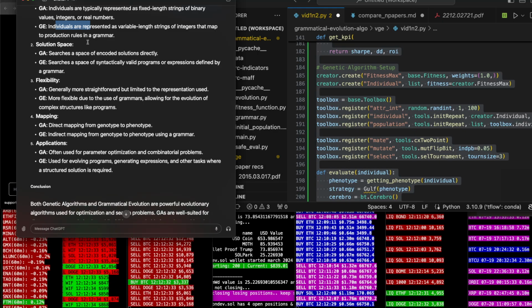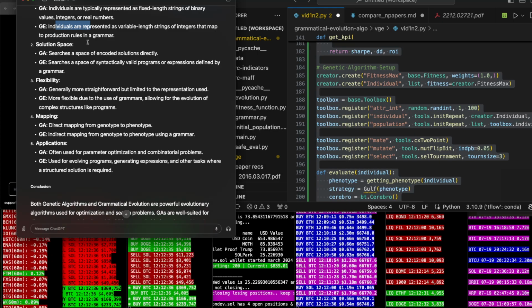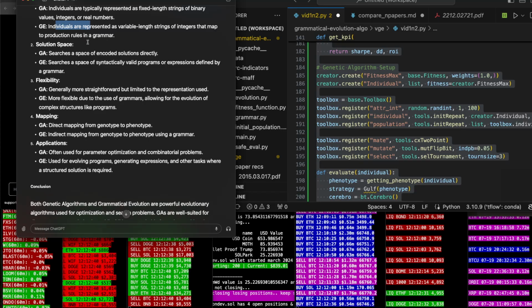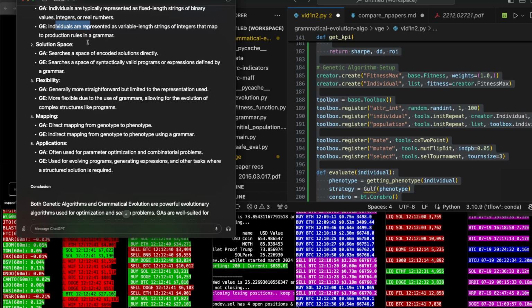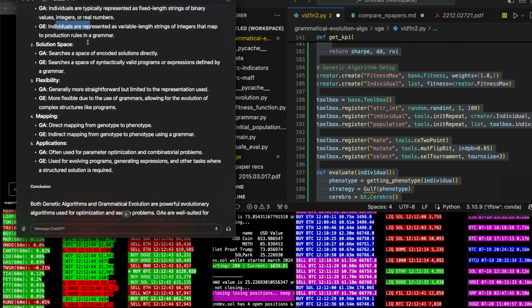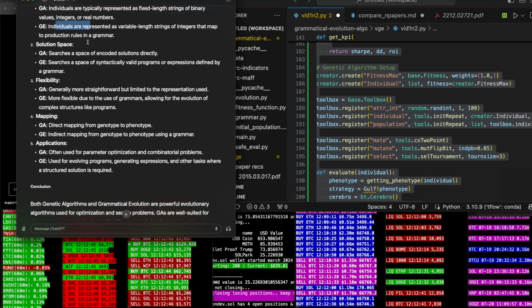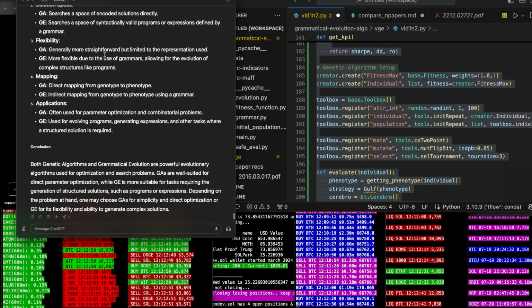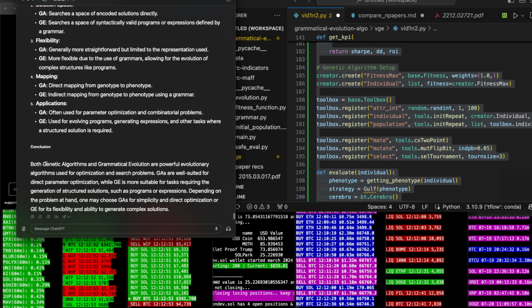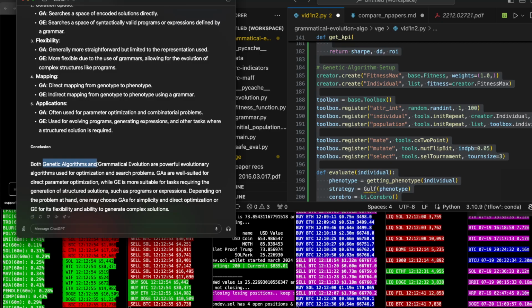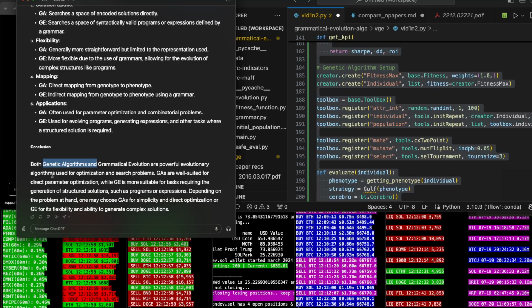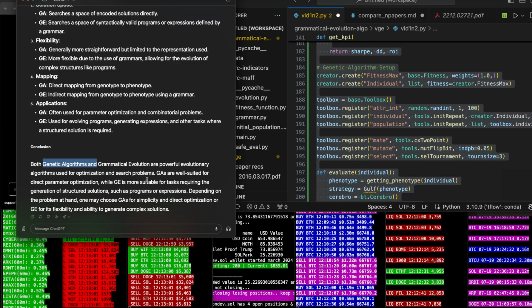Applications. GA often used for parameter optimization and combinatorial problems. GEs are used for evolving programs, generating expressions, and other tasks where a structured solution is required. Both genetic algorithms and grammatical evolution are powerful evolutionary algorithms used for optimization and search problems.